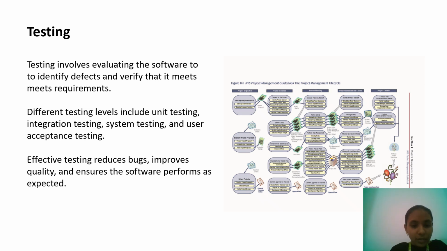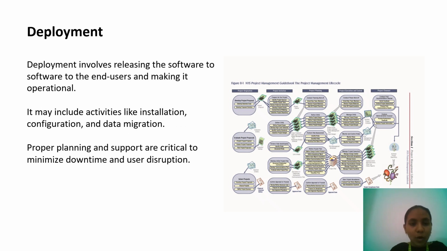These are the different testing phases, and effective testing reduces bugs, improves the quality and ensures that software performs as expected. By reducing the bugs, that leads to improved quality of a software project as we expected. The next one is deployment.